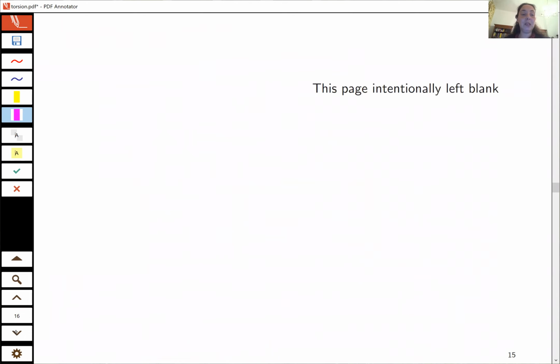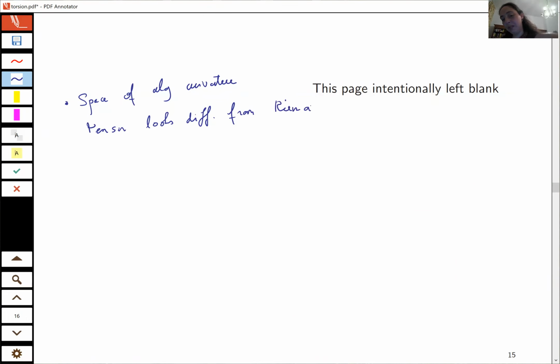So maybe we keep as a first conclusion: the space of algebraic curvature tensors looks different from the Riemannian case, right? Remember that we defined in Riemannian geometry the space of algebraic curvature tensors, and it's just not the same.